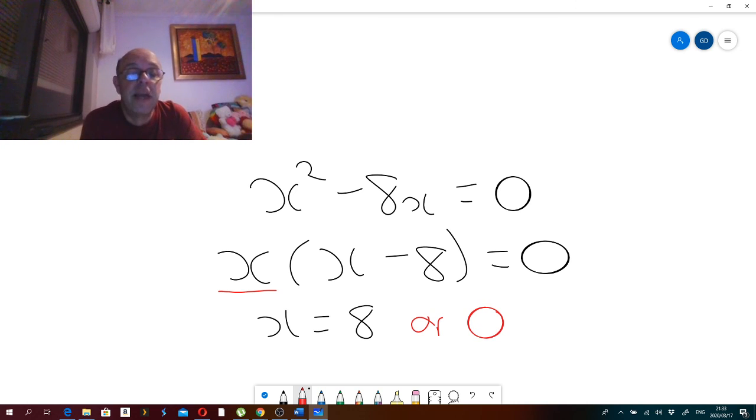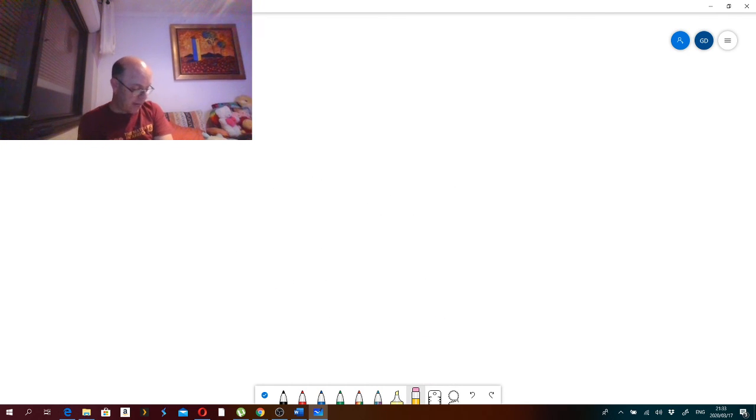The underlined red x must be a 0, because if I make that x a 0, then whatever's inside that bracket is going to be multiplied by 0, which will make the equation 0, and therefore it is a valid solution. So remember always to think about factorizing when you do any expression. Alright, so that's number 6a.